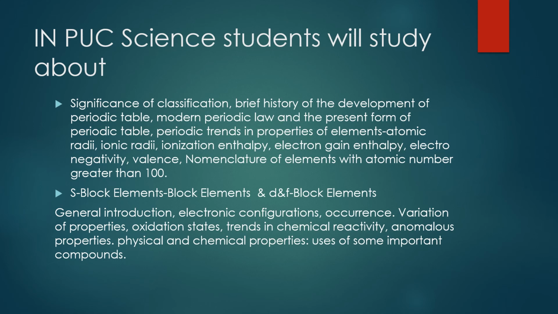Then in second PUC we study S block, P block, and D and F block elements. There we study the general introduction, the electronic configuration of the elements of S block, alkali and alkaline earth metals, and P block elements and D and F block elements, how they occur, and variation of properties.